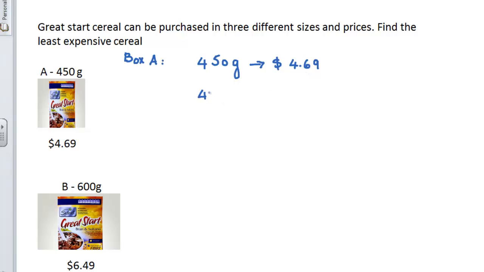450 gram, if we think well, means 4.5 times 100. We know very well that when I multiply by 100, I move the decimal point 2 steps to the right, and it gives me 450.